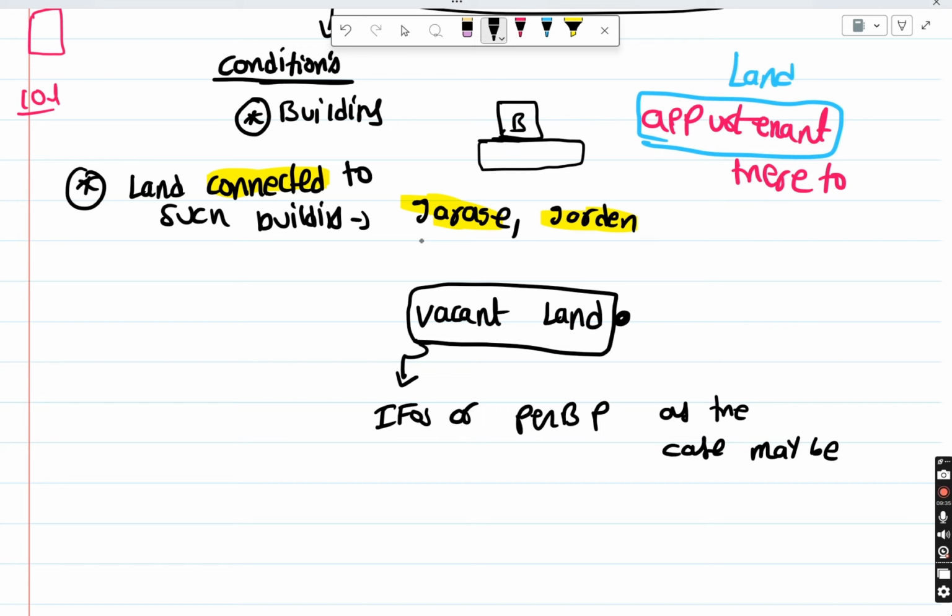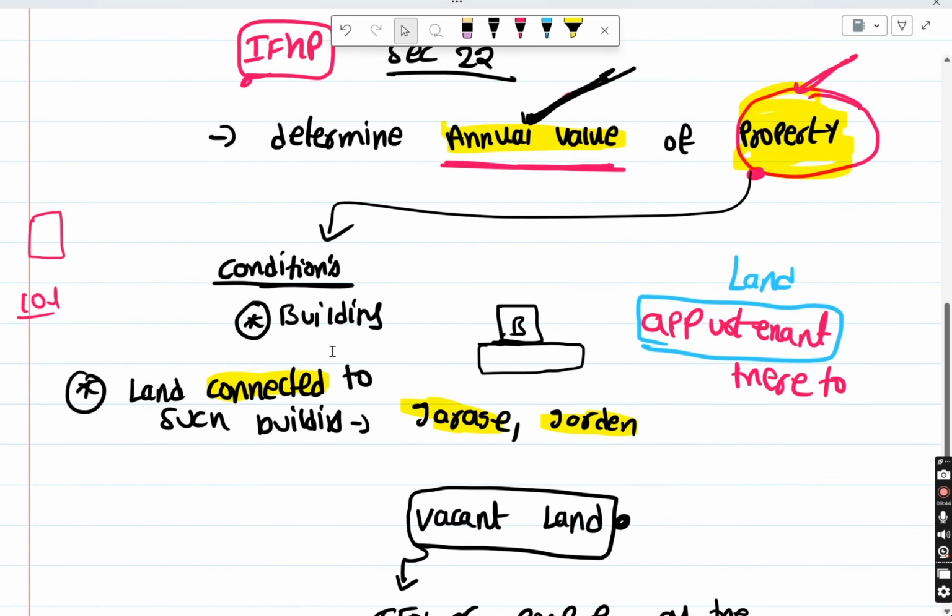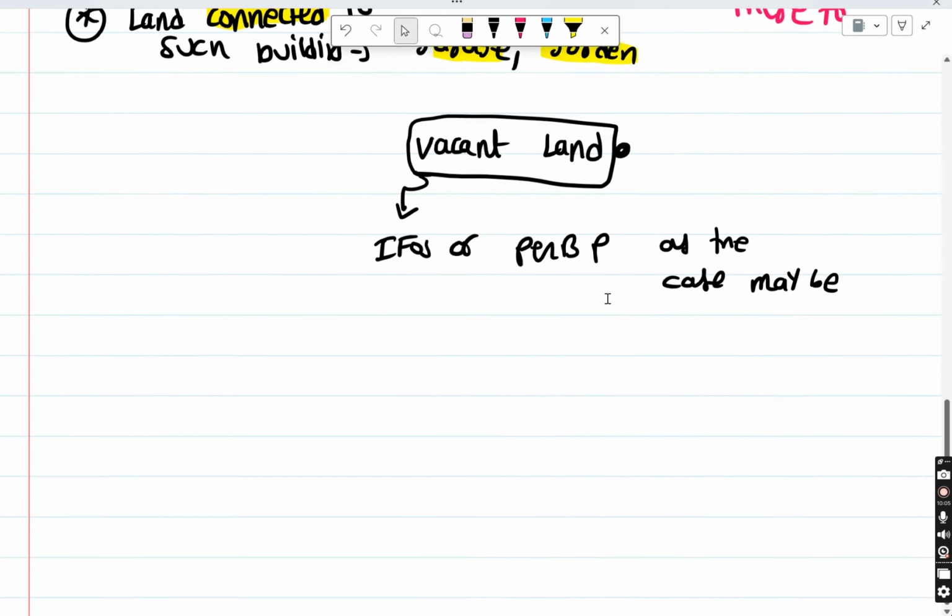Depends upon the situation, but it will never come under the IFHP, because we will tax land under IFHP only if it is connected to the building. If it is not connected, if it is separate, a vacant land, then we won't tax under the IFHP. This is one of the conditions. First there should be a property, and then that property must be a building or land connected to the building. That is condition 1.